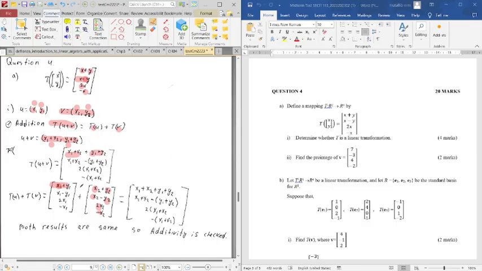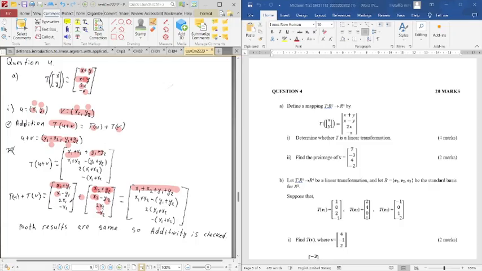Since it's plus, we can just add element by element. So first element here plus first element here, we write in the first element: x1 plus x2 and y1 plus y2. For second one, we can write x1 plus x2 minus (y1 plus y2).